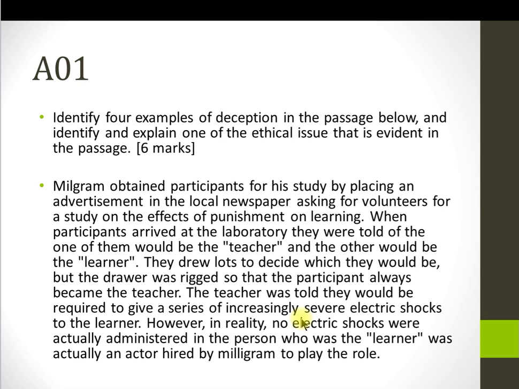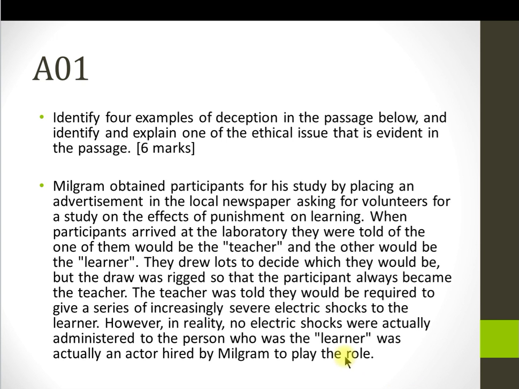The teacher was told they would be required to give a series of increasingly severe electric shocks to the learner. However, in reality, no electric shocks were actually administered. The person who was the learner was actually an actor hired by Milgram.